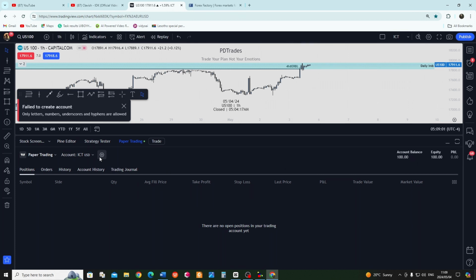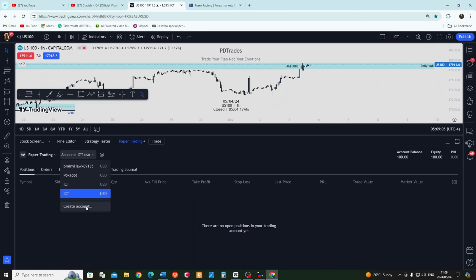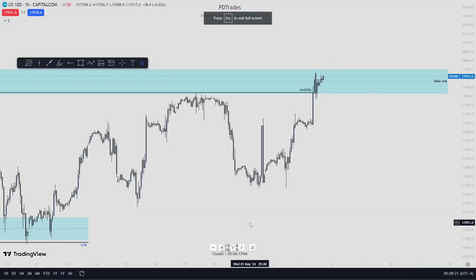And if you blow it, you just come here again and create another account. There's no need for re-registering and whatnot. Because if you can double your paper trading account, then you are ready to be trading a live account.